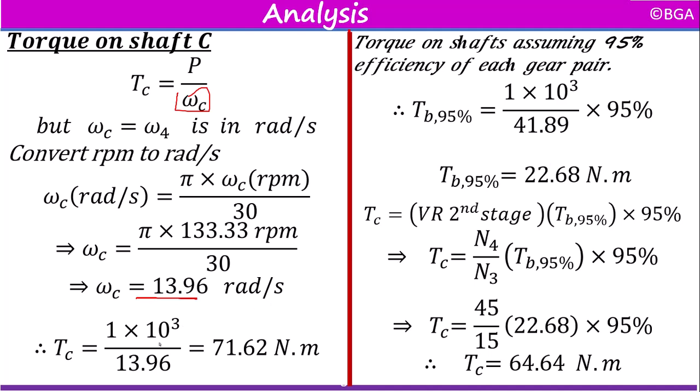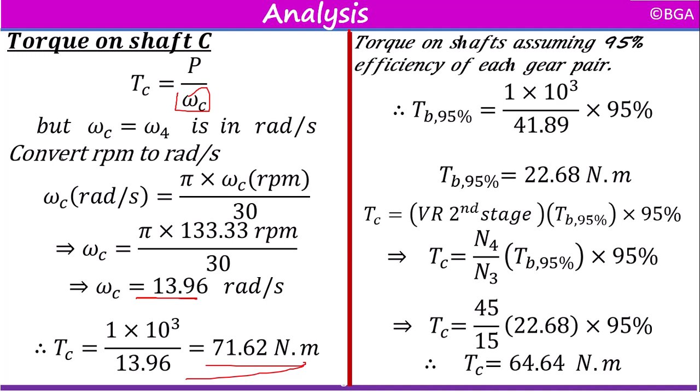If you substitute this value back, the power is unchanged because we are assuming 100% power transmission. So with power converted to watt and omega being 13.96, you get the torque on shaft C to be 71.62 Newton meter.